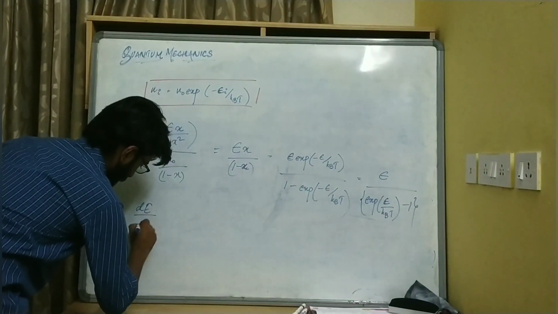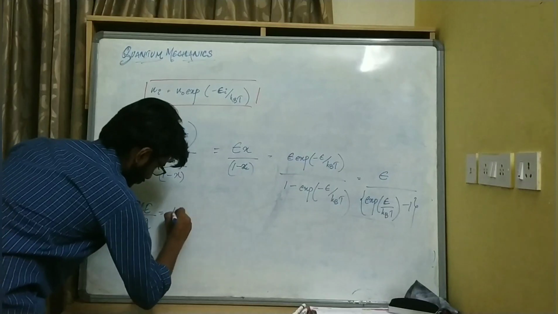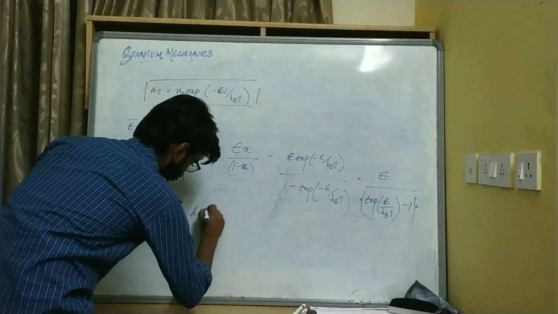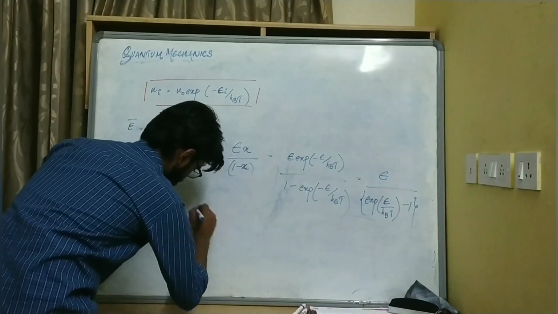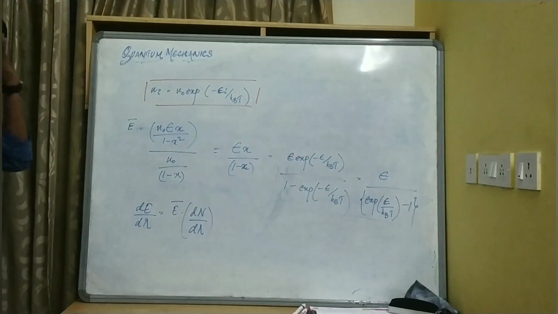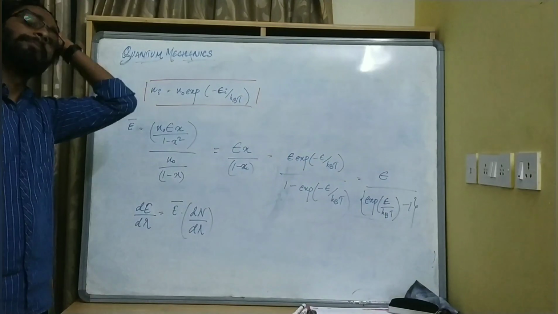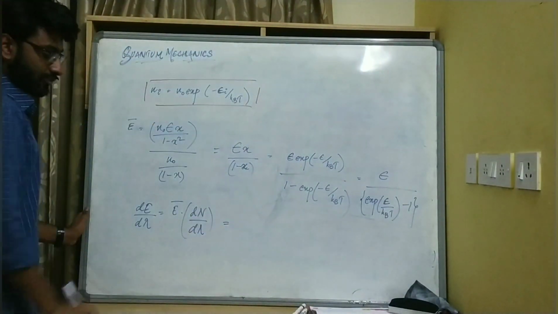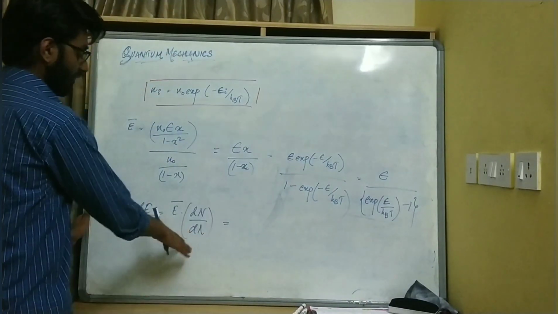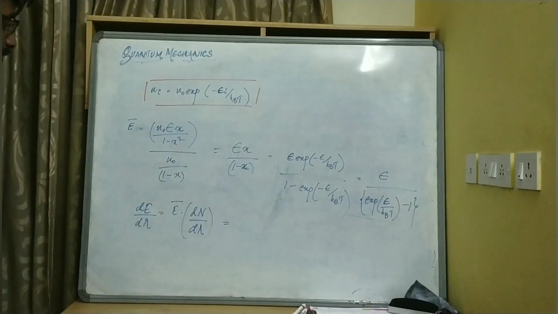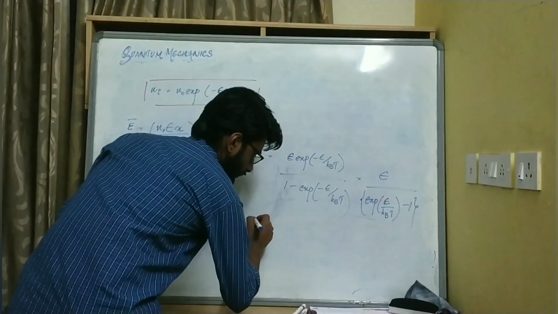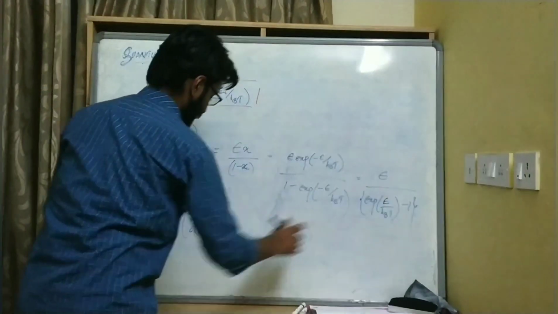So dE by d lambda is nothing but average energy times dN by d lambda. If you look into the previous lecture, I might have written this as dN by d nu, which in terms of wavelength is given by this. So average energy has the form of this.